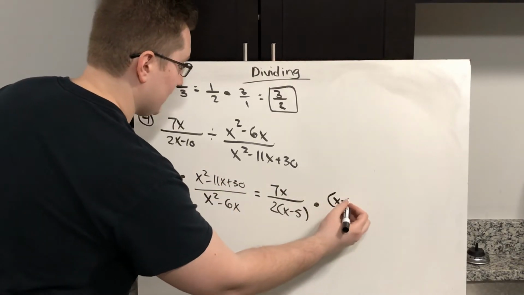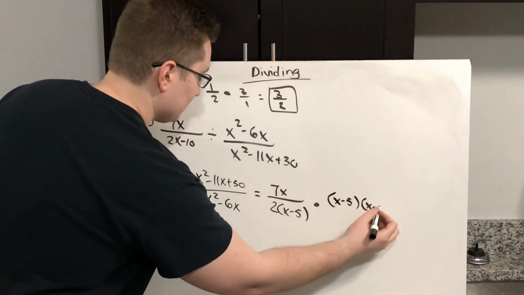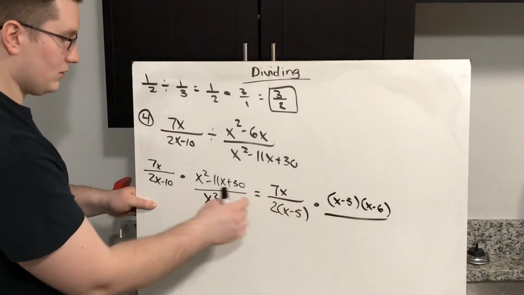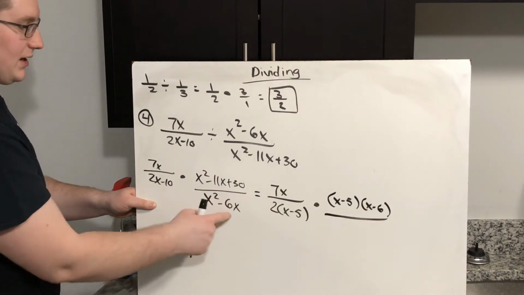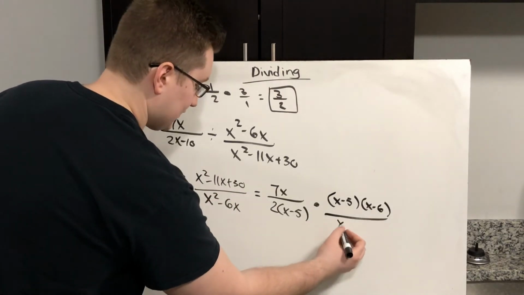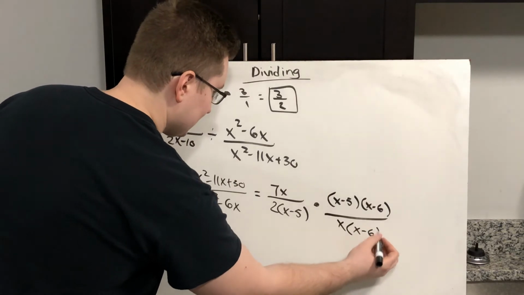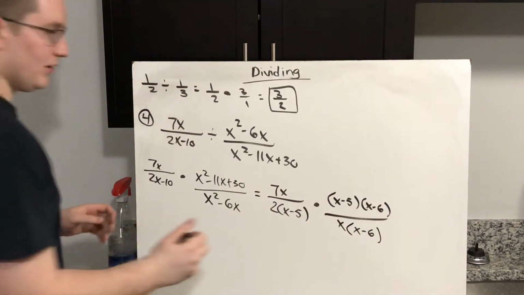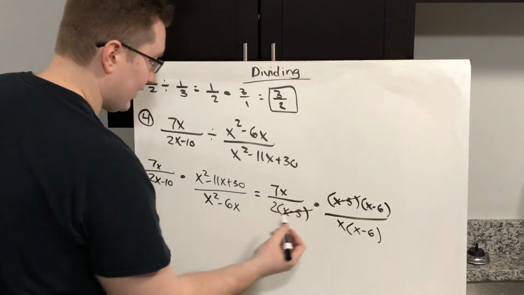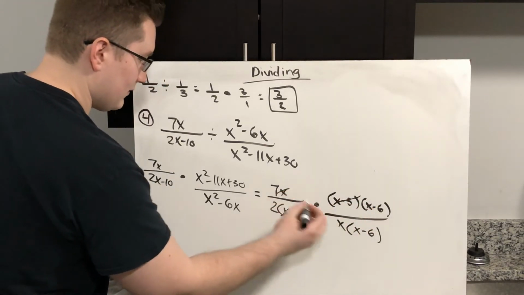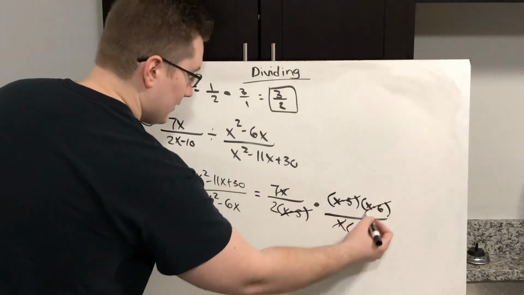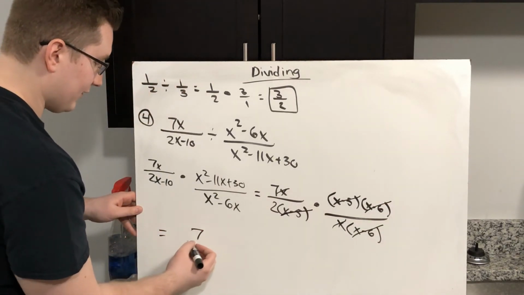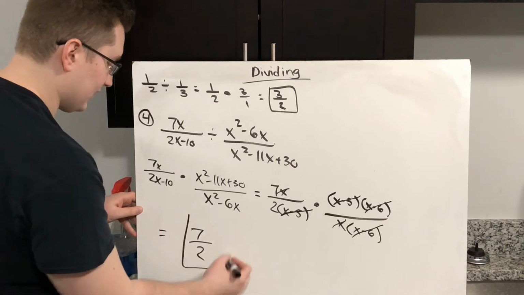So I have x minus 5, x minus 6, over, I can take out an x here. So I have x times x minus 6. And I'm really multiplying top and bottom. So now the x minus 5's cancel out, x's cancel out, and x minus 6 cancels out. So I'm left with 7 over 2, and that's the only thing left.